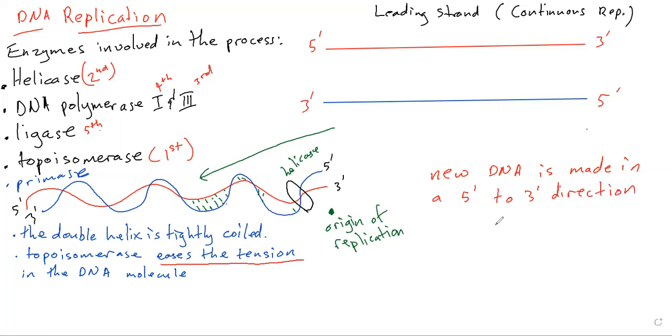Now to understand this, I am going to put in the direction in which DNA replication is taking place. So when we say new DNA is made in a 5 prime to 3 prime direction, this is not the full story. It has to be in the direction of where replication is taking place.